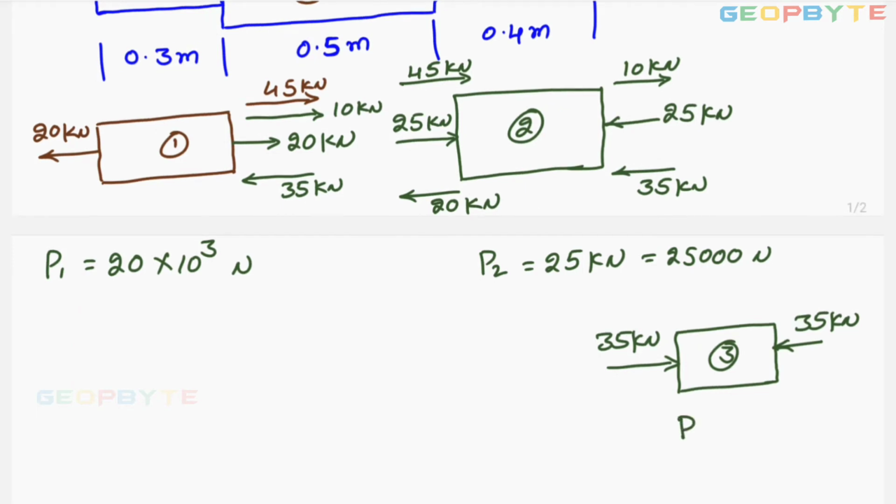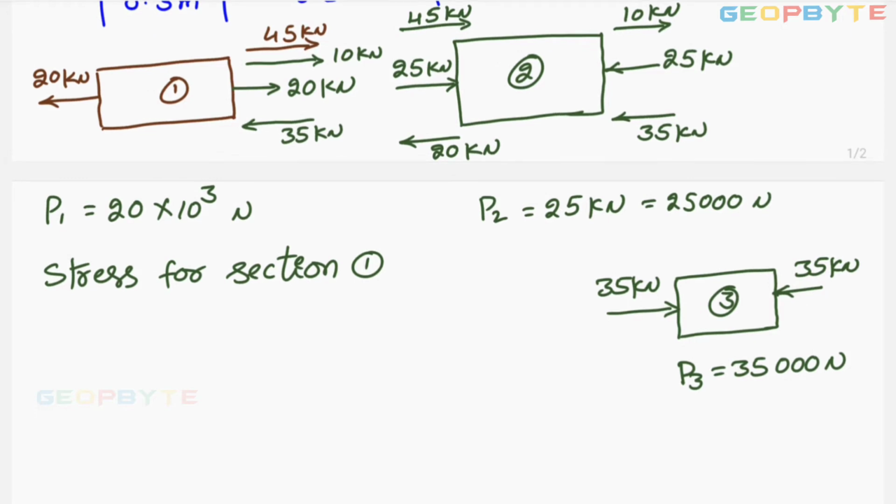From this I can write that P3 equal to 35 kilonewtons, equal to 35,000 newtons. Now let us decide the stresses for each section. Stress for section 1.